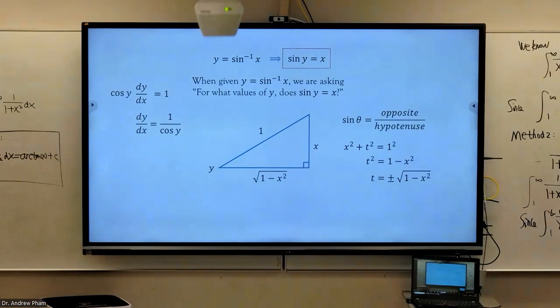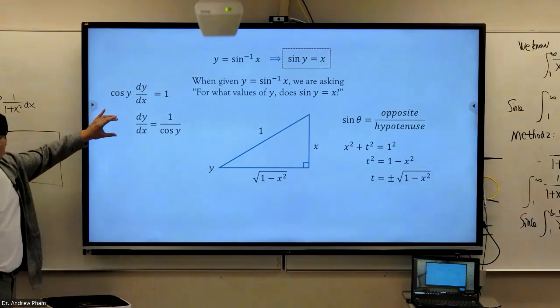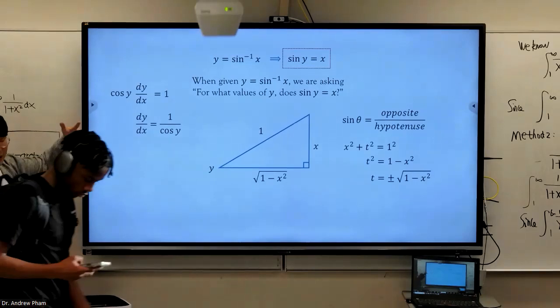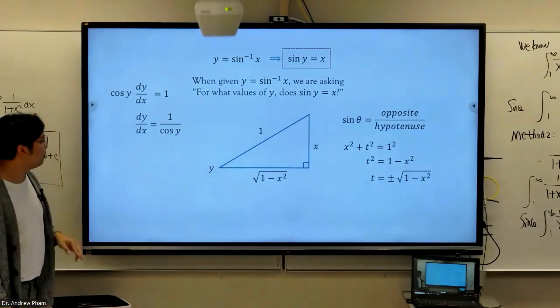So I did all these calculations, but what was the point of that? Let's look at my derivative. My derivative is 1 over cosine of y. What is cosine in respect to a right triangle? About the opposite, adjacent, hypotenuse deal. Yeah, adjacent divided by the hypotenuse.